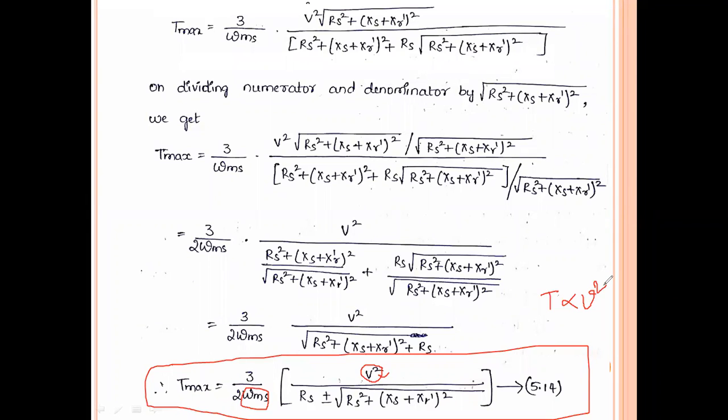So with the help of stator voltage, we can control the torque of the induction motor. This is how the voltage can be regulated in order to regulate the torque of the induction motor.